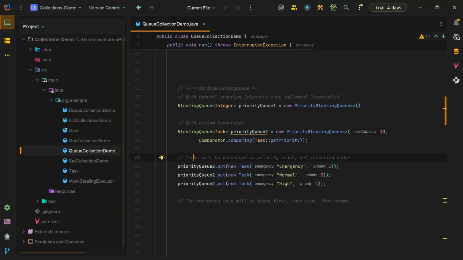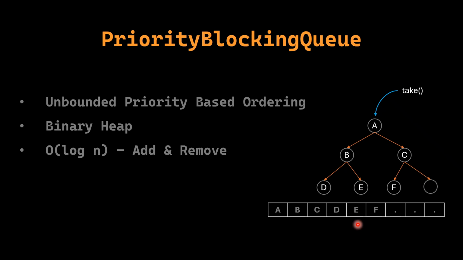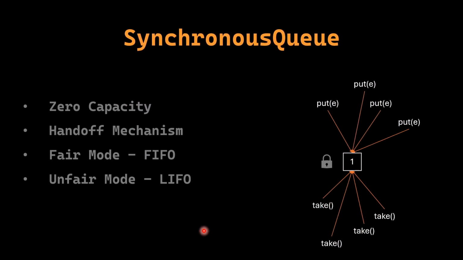Now let's examine the most unique blocking queue. Synchronous queue. It is a special blocking queue with zero capacity. It doesn't store any elements internally.